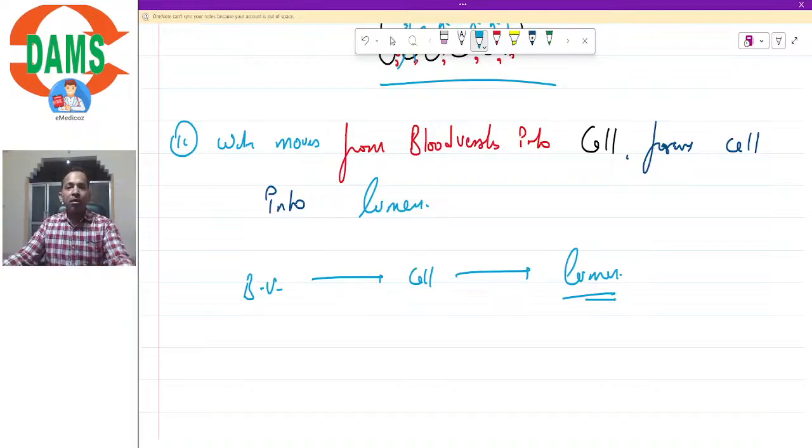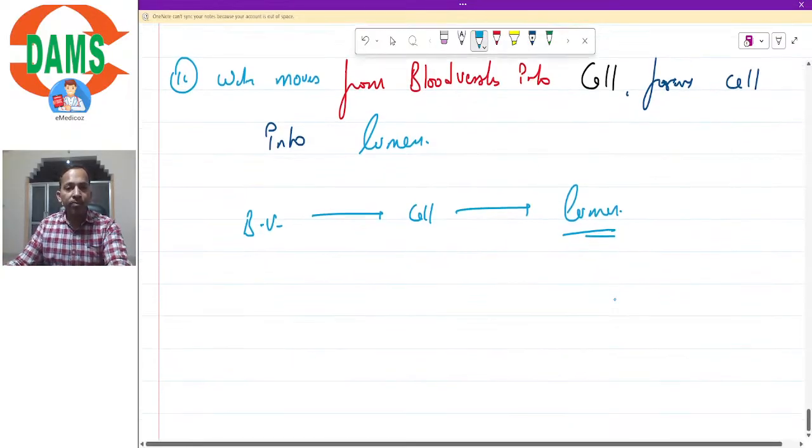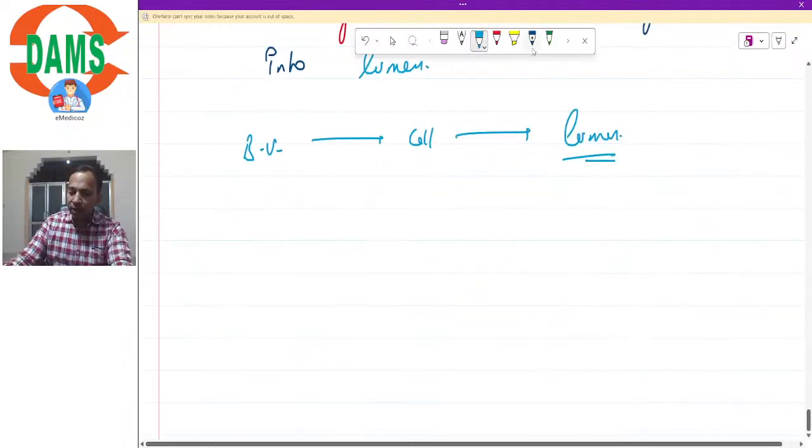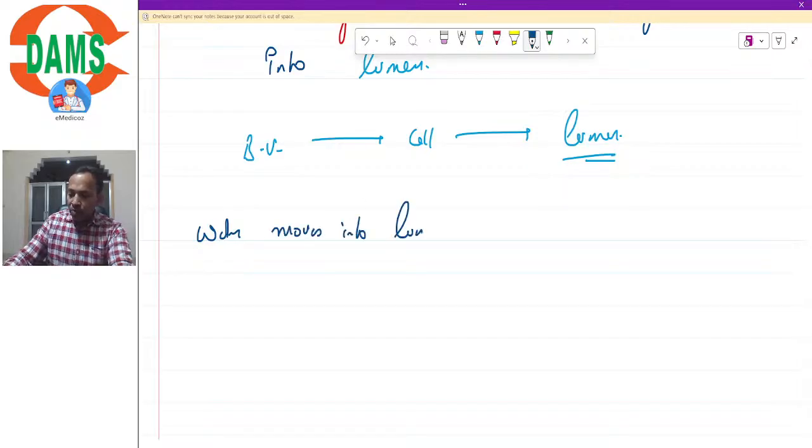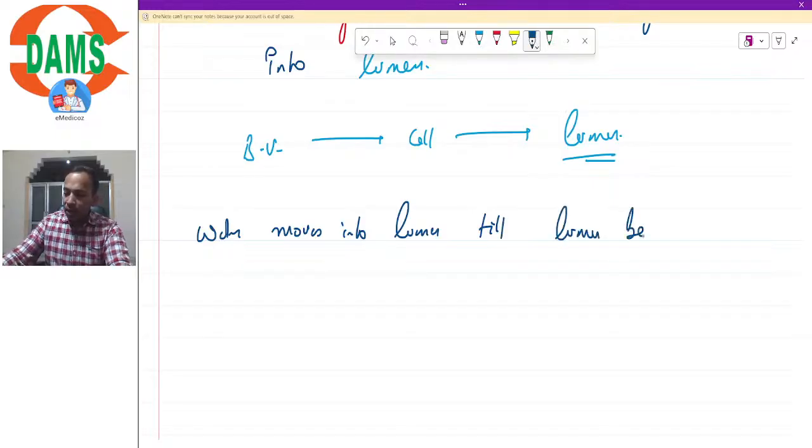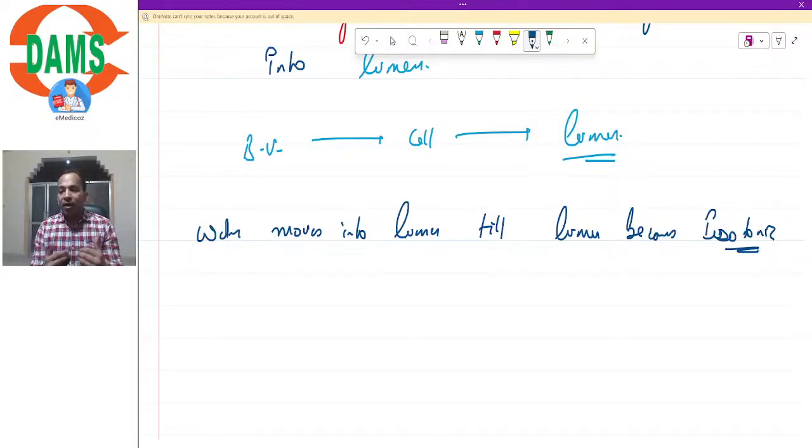And how long do you think this movement will continue? So this movement of water will continue. So water moves into lumen till lumen becomes isotonic, right? So till the environment in the lumen becomes isotonic. That is, the osmolarity of the lumen and of the cell is same. So it becomes isotonic.